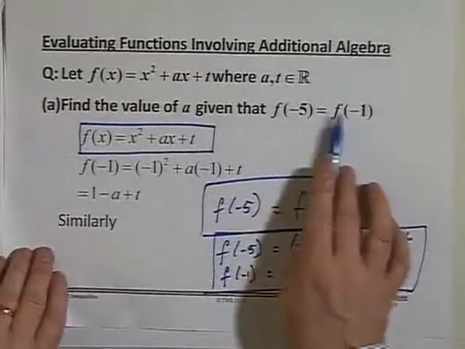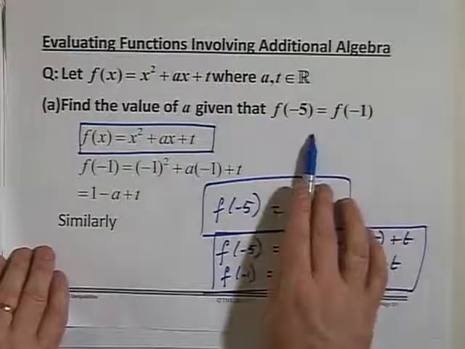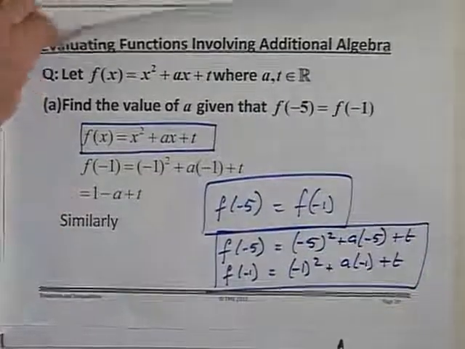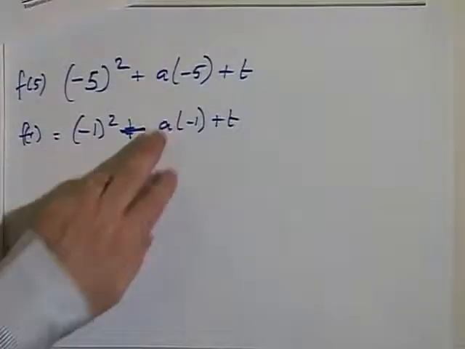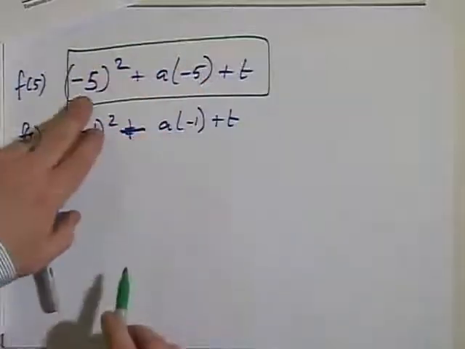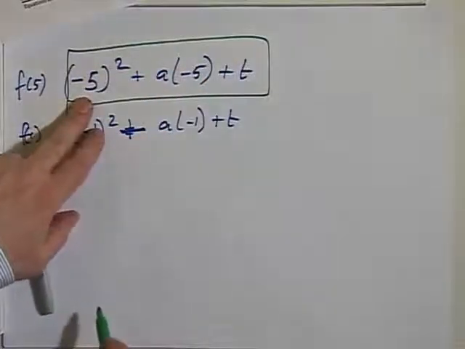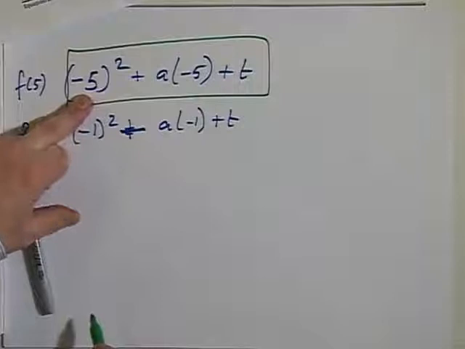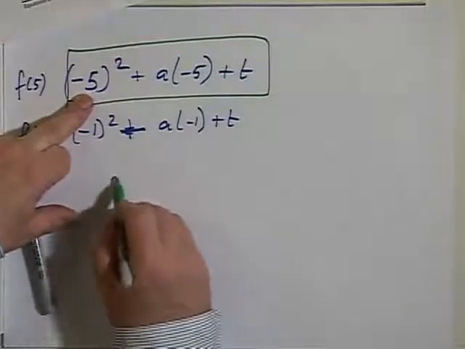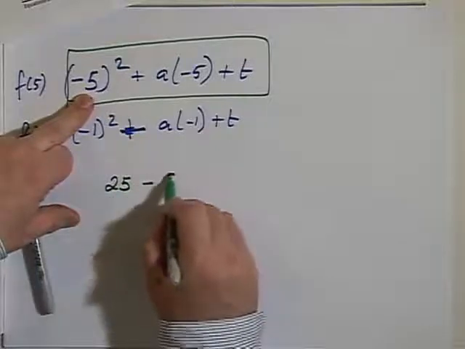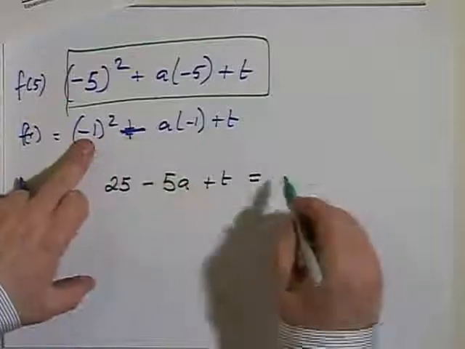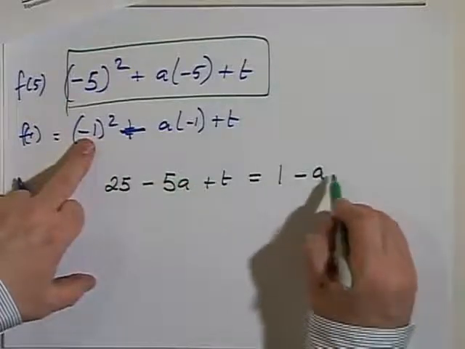And what did they say about the two values? That they were equal. So this thing here is equal to this. So let's work out what the first row would be. What's minus 5 by minus 5? 25. Minus by minus is plus. So 25 minus 5a plus t is equal to 1 minus a plus t.